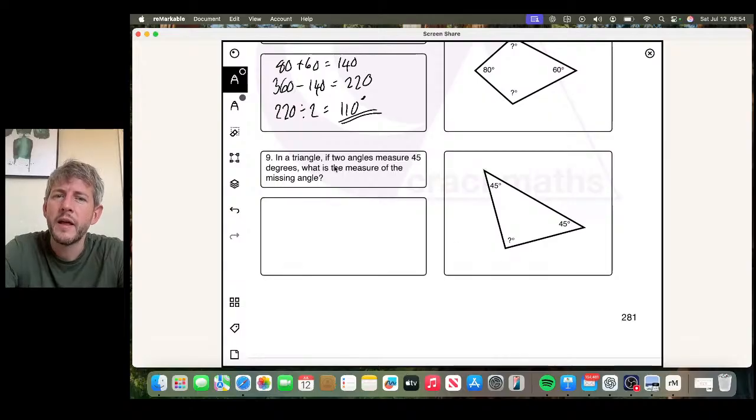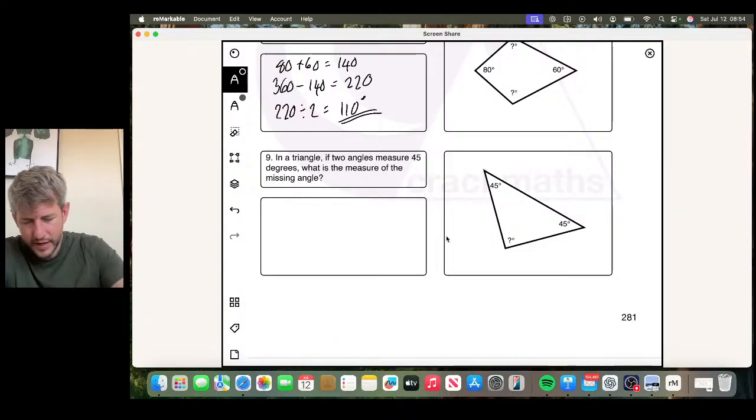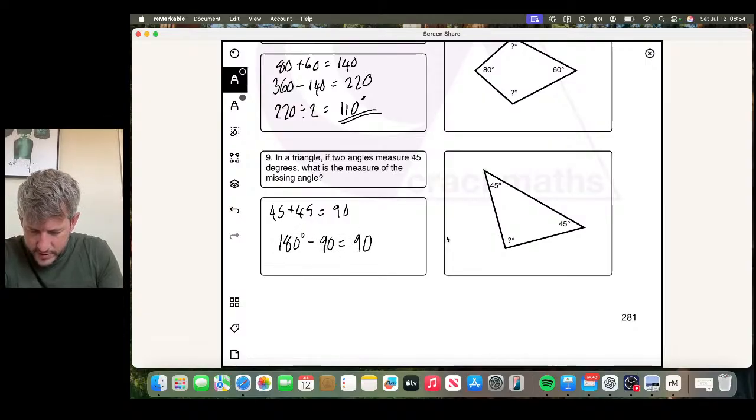Right, so in a triangle, if two angles measure 45 degrees, what is the measure of the missing angle? Okay, so we're going to have 45 add 45 equals 90. Okay, so 180 degrees minus 90 equals 90 degrees. So it's actually a right angle triangle.